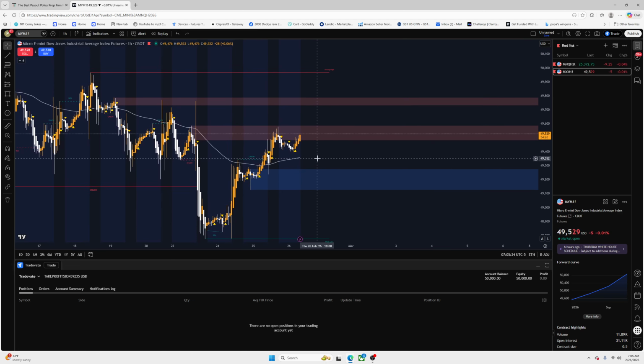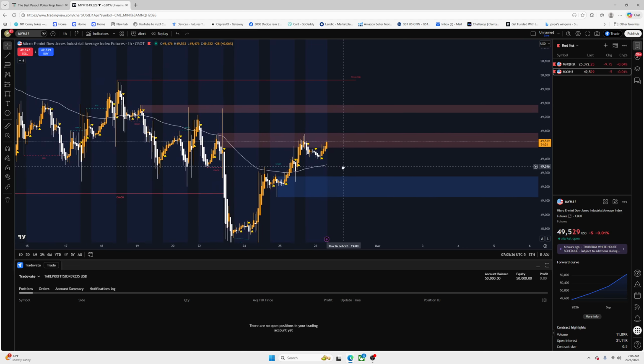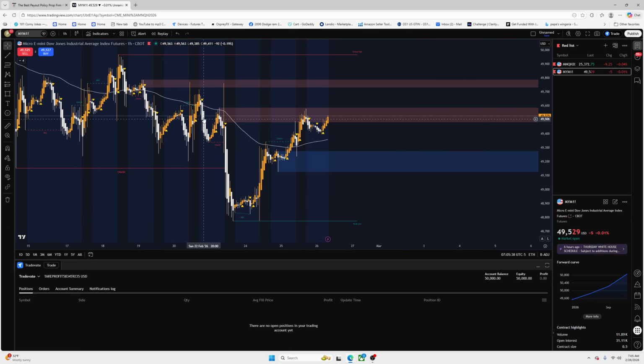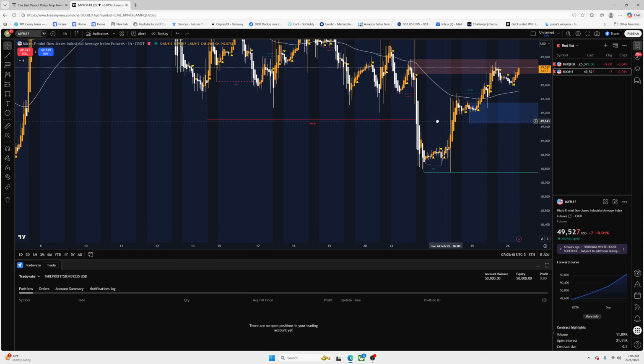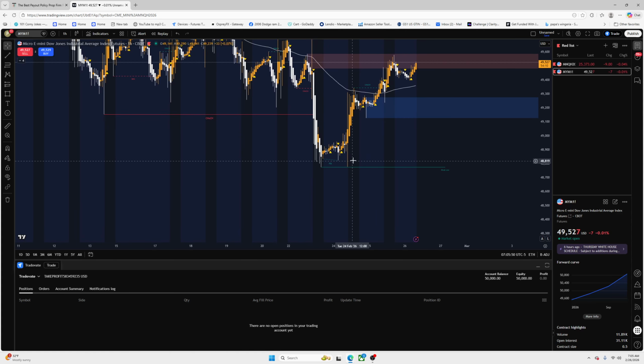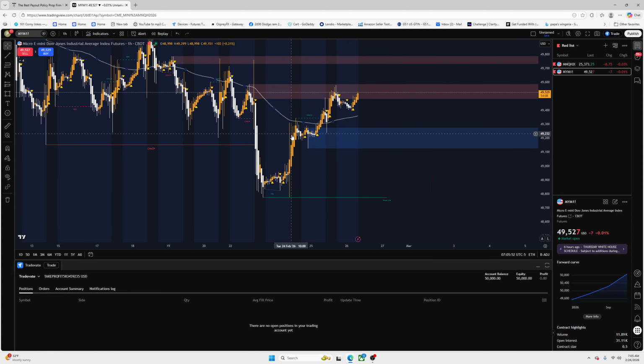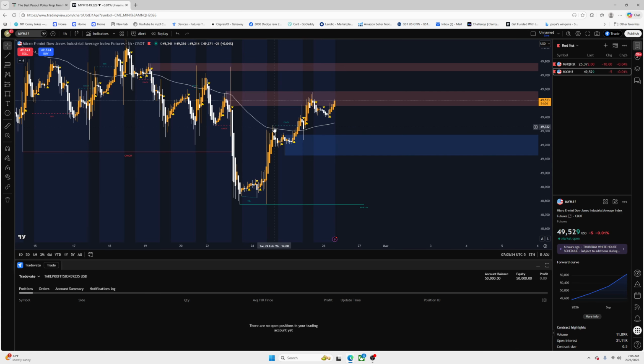Alright, let's see. It looks like US 30 had a big push to the downside, created a change of character from this candle wick all the way down, passed through, now came up. That's interesting. I bet it came down and swept liquidity here.